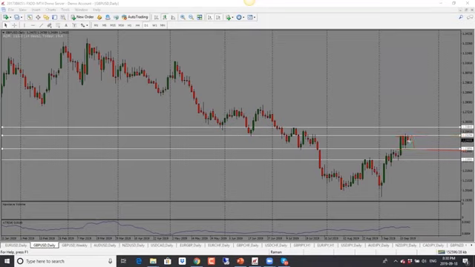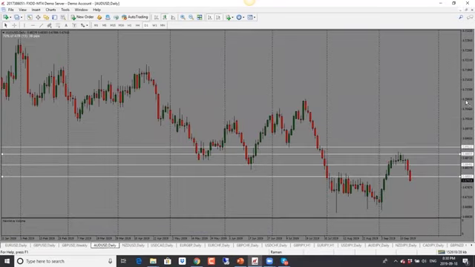Should it go through this level, then we're looking for a further move to the upside into 1.2580, and bias is going to become bullish again. But for now, bias is to the downside, and I'm looking for price to drop. With Bank of England coming up, just be cautious with this one because things can change. But for now, bias is to the downside. Target is 1.2380. So bearish bias for pound dollar as well.